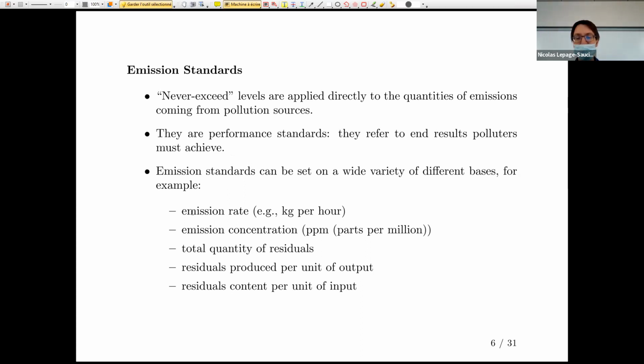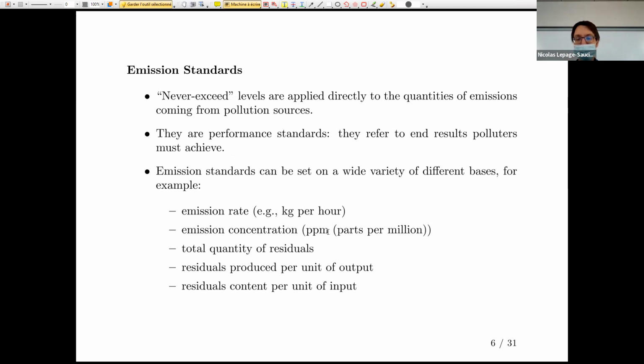So emission rates, for instance, kilograms emitted per hour or kilograms per kilometer. So many different ways. Concentration, so parts per million.